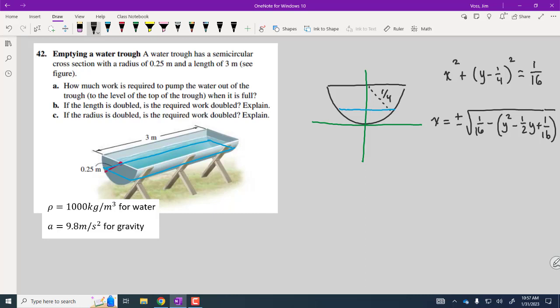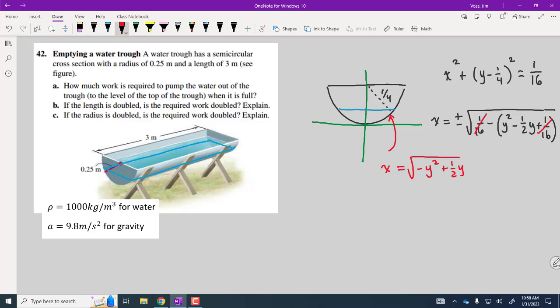And this tells us then that the right edge is the positive square root. The 16ths are going to cancel when we distribute the minus sign. So we're going to have negative y squared plus 1/2 y. So that's the right half.